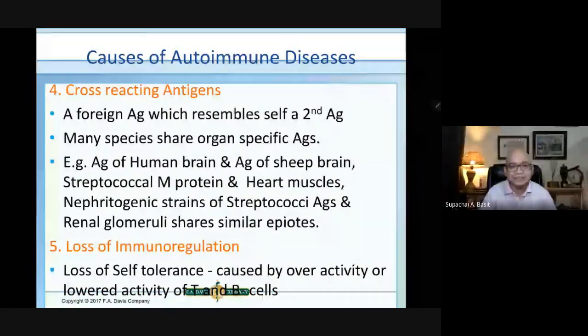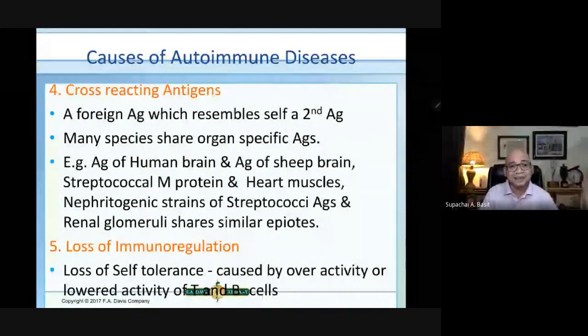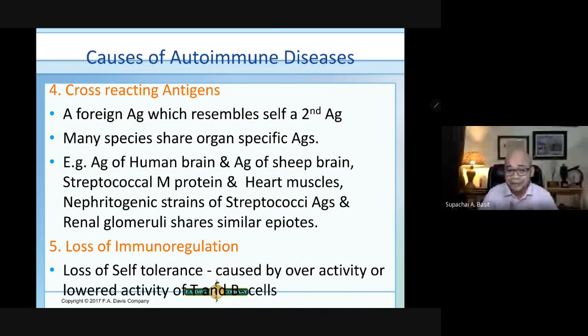Number 4 is the presence of cross-reacting antigen. A foreign antigen which resembles self acts as a second antigen. So those antigens that mimic our tissues become cross-reacting antigens. Many species, many bacteria share organ-specific antigens.